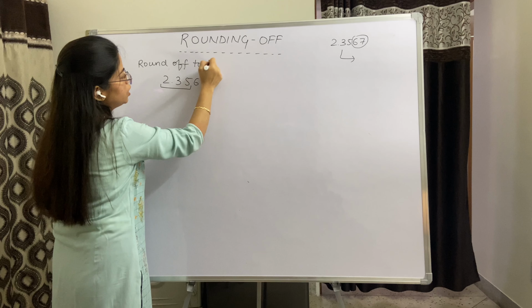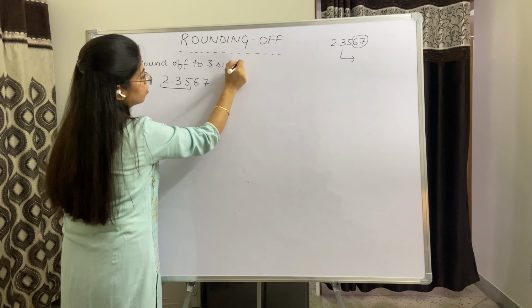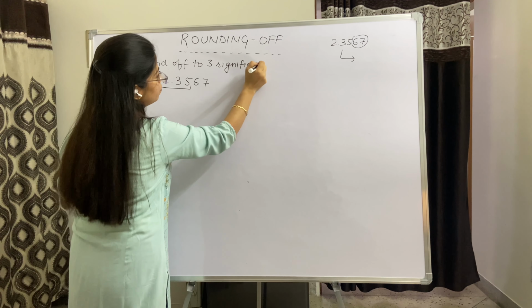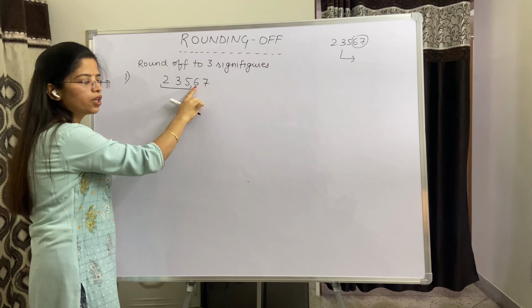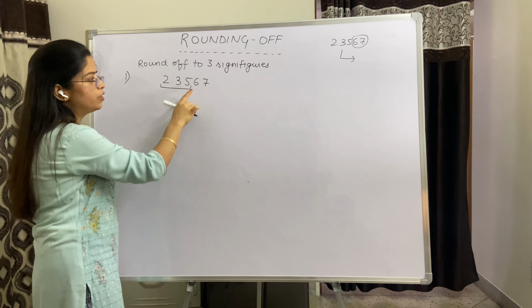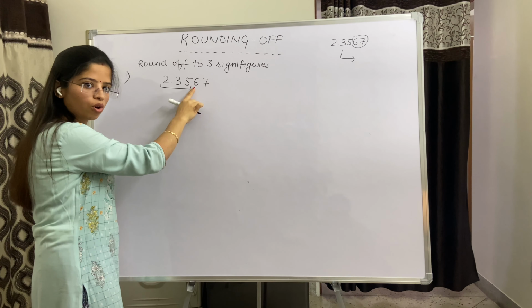So what we'll do, we'll see the digit which we are going to drop. We'll check the digit which we will be dropping.